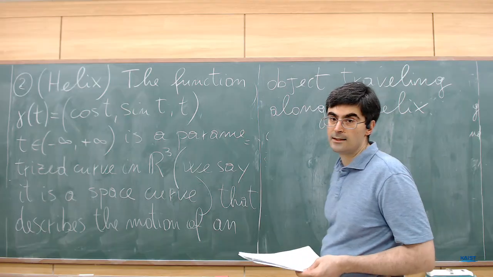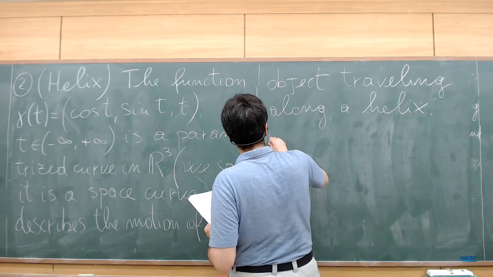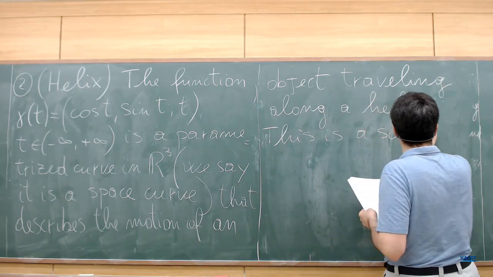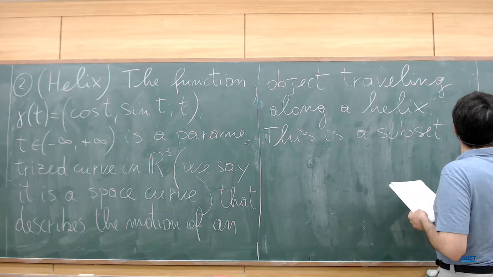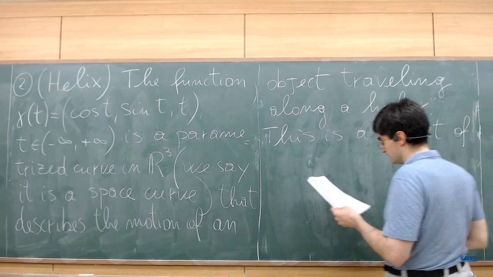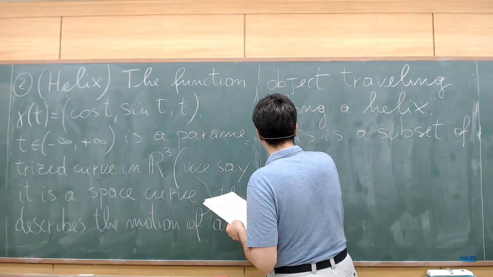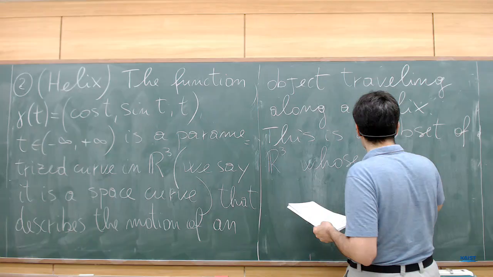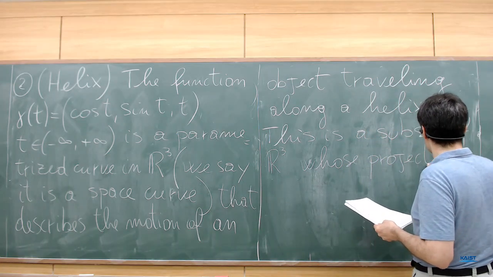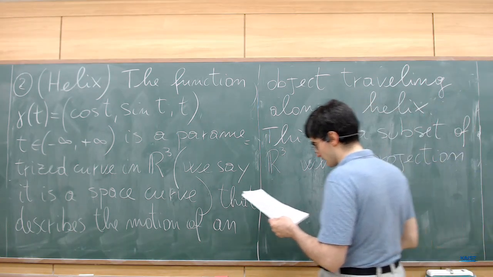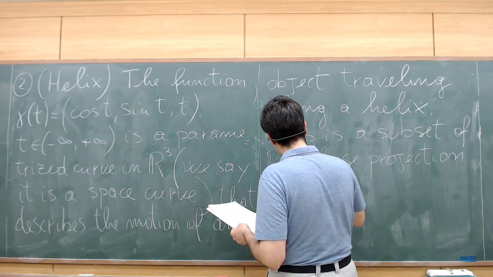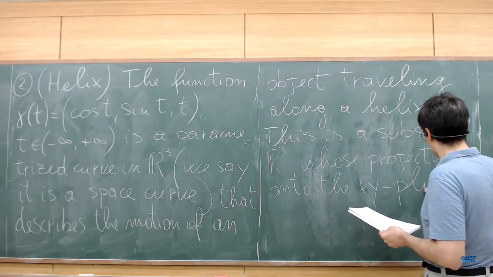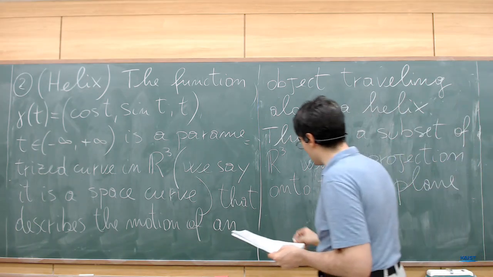So what is a helix? It's a subset of R3 whose projection onto the xy plane is a unit circle.